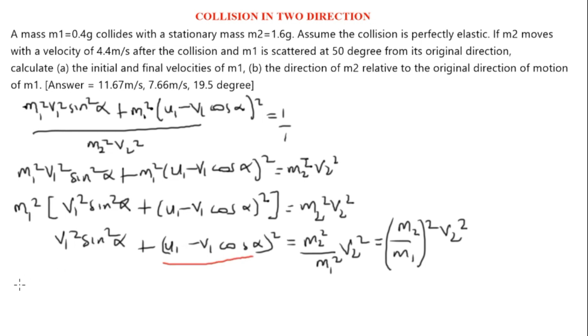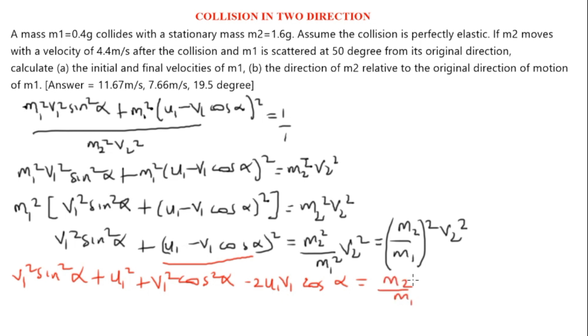If you expand it, v1 squared sine squared alpha plus, if we expand the expression that I underlined in red, you will have u1 squared plus v1 squared cos squared alpha minus 2u1 v1 cos alpha, which is equal to (m2 over m1) all squared, then v2 squared.